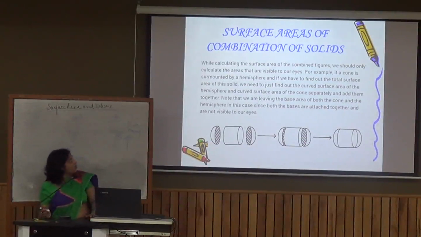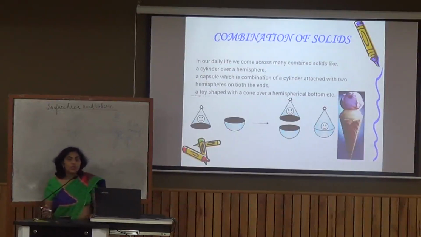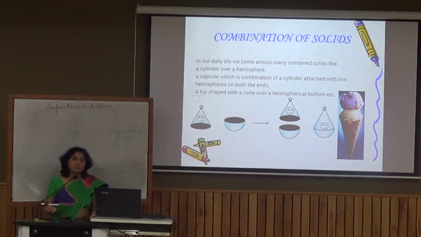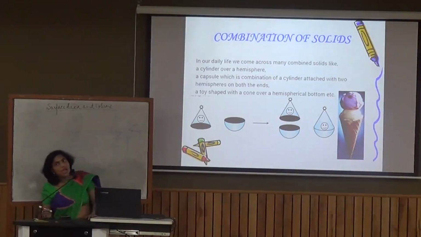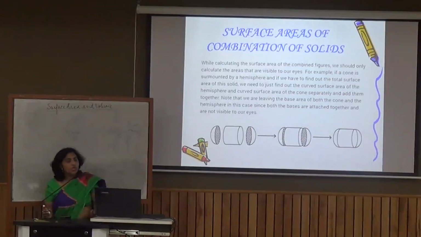For example, if a cone is surmounted by a hemisphere, we have to find out the total surface area. So hemisphere and cone, when combined, you can see the black portion, the flat surface in the figure. Now when the two shapes are combined, those flat surfaces join each other and we are not able to see those flat surfaces. So visible surfaces are the curved surface of the cone and the curved surface of the hemisphere.